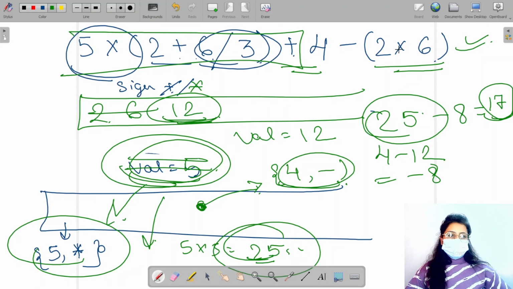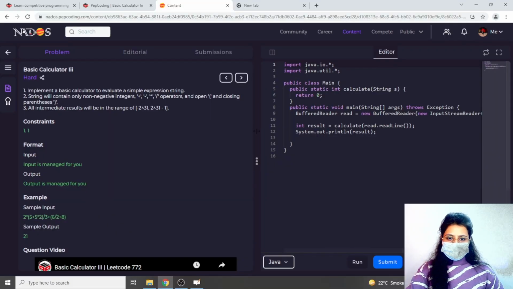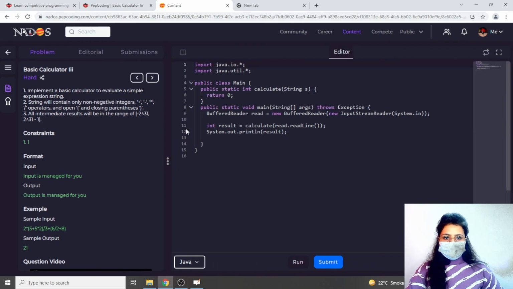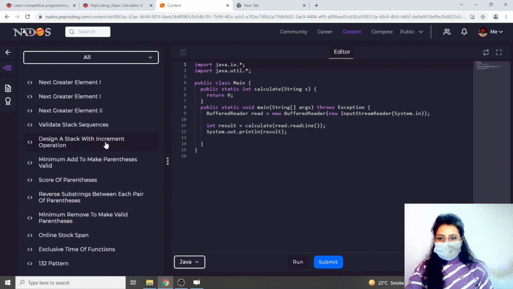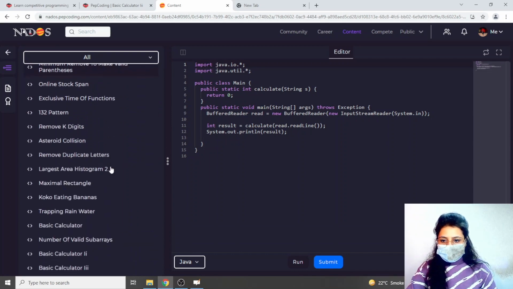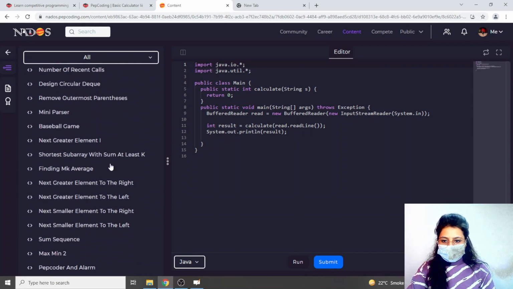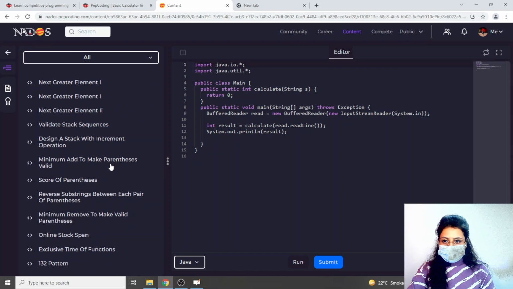So let's code it now. Okay, so as we have done the basic calculator too, let's put the code from there. It is almost the same, just we have to make the pair class and some changes. Let's take that code from there.